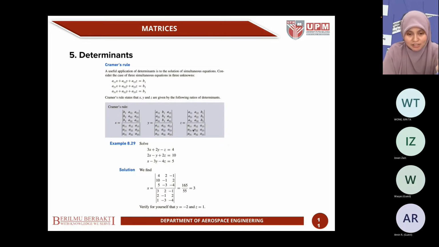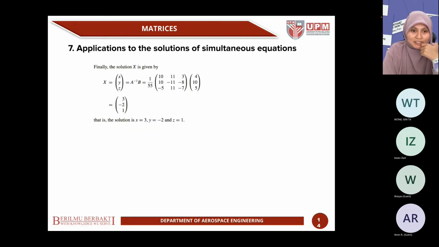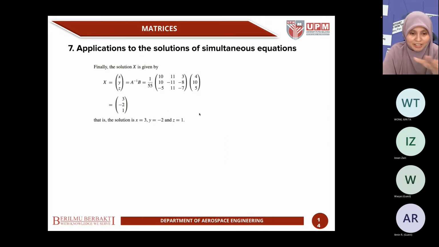So this is the first method that I showed you just now. The second method is using the inverse matrix. This means you have to calculate the inverse matrix first, multiply with B, and then you get the vector X. So you get the solution for the equations: 3, minus 2, 1.